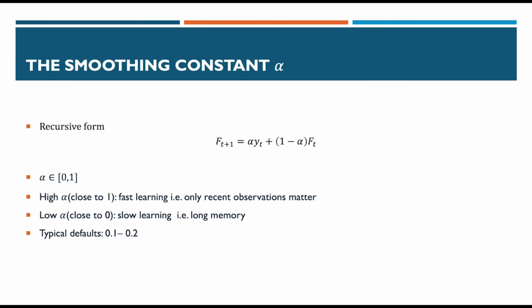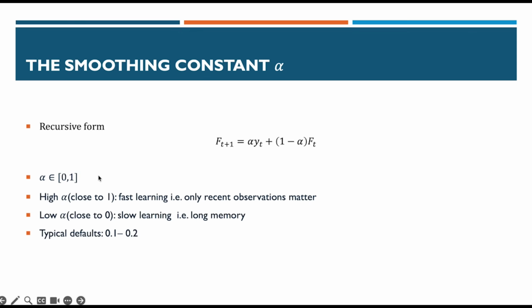There is another format of the SES, which is the recursive form, which relies on the previous forecasts. The upcoming forecast equals alpha times the current actual value plus (1 minus alpha) times the current forecasted value, and alpha is between 0 and 1.